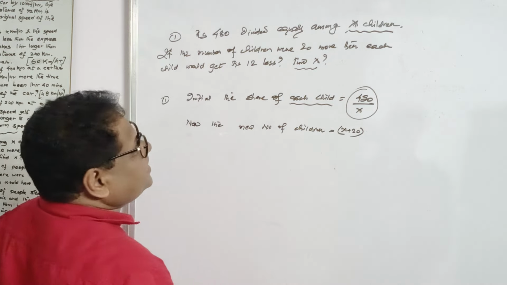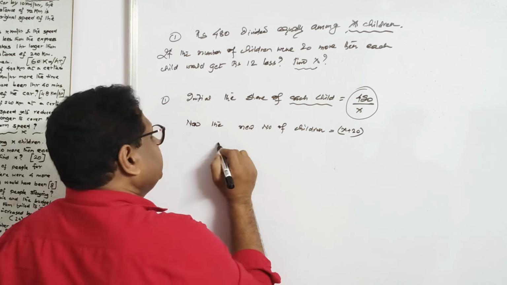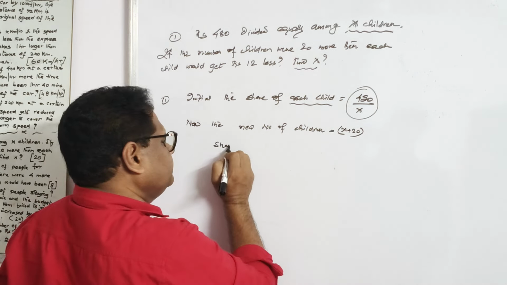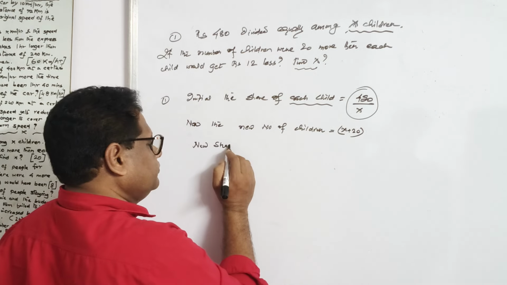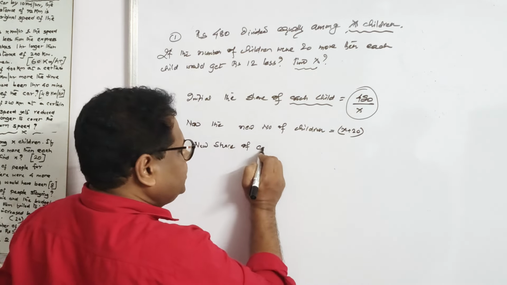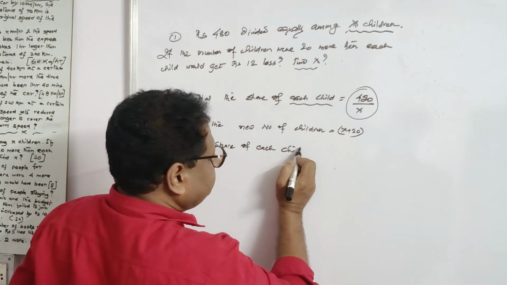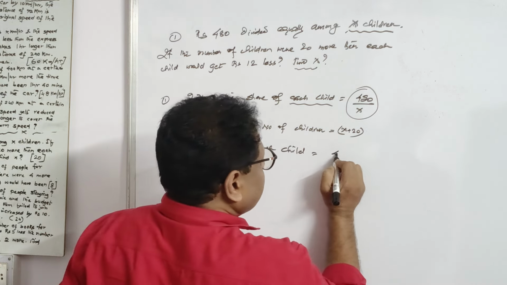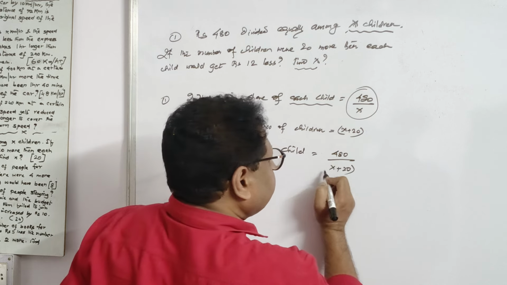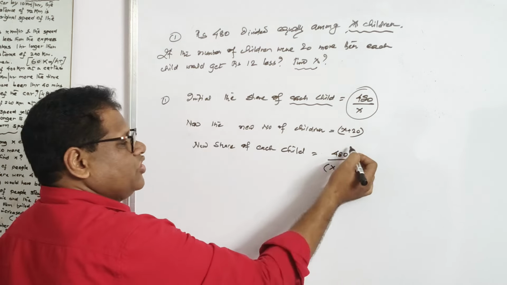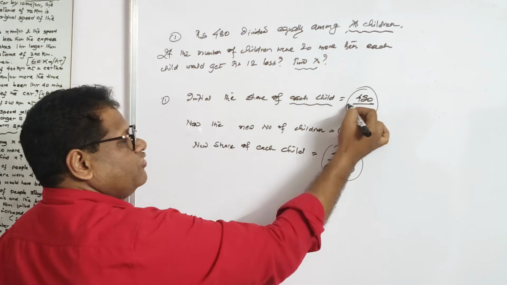The number has increased by 20. So this is the new share of each child, equal to 480 divided by x plus 20 children. This is the share of each child.